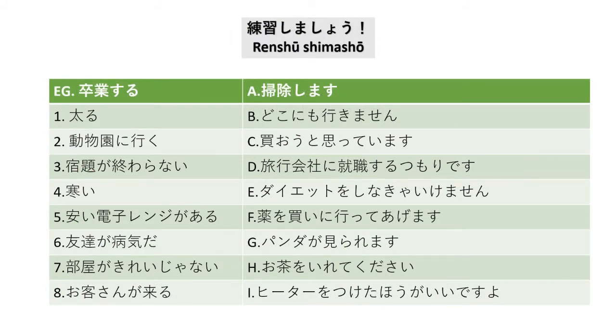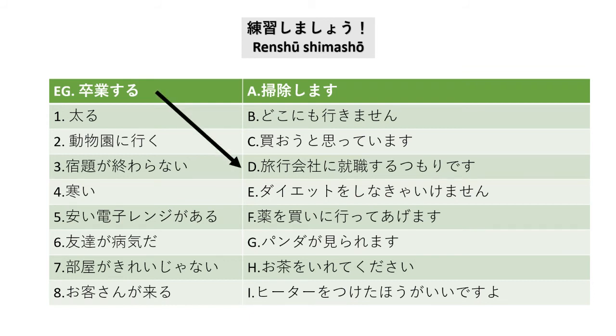Alright, now let's have some practice. We're going to match column A and column B using tara. So here we have, for example, sotsugyo suru, to graduate. So what is its partner in column B?